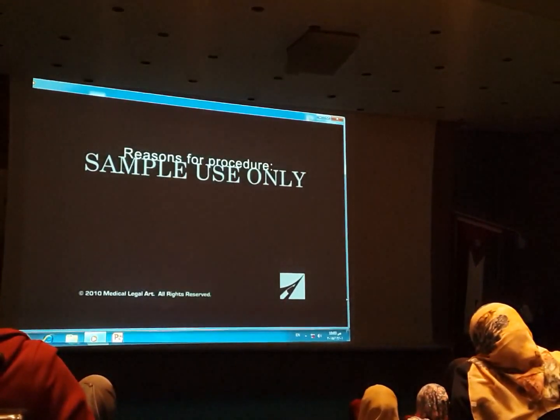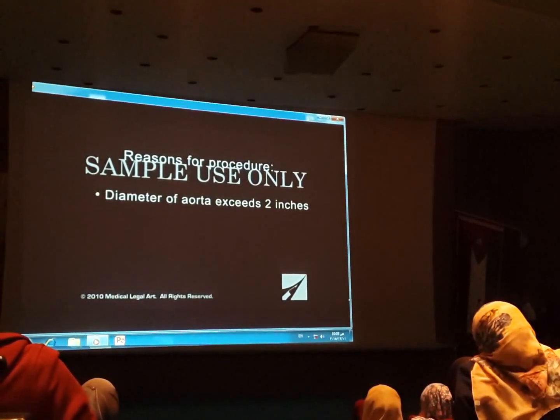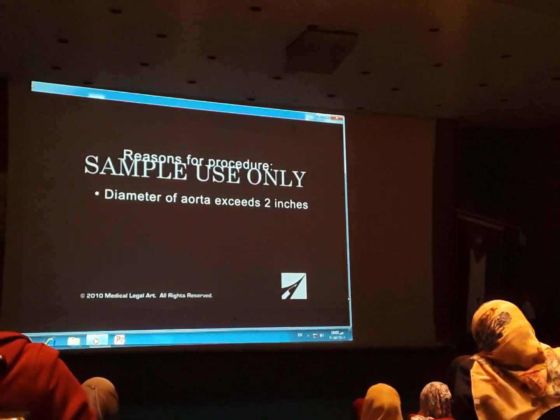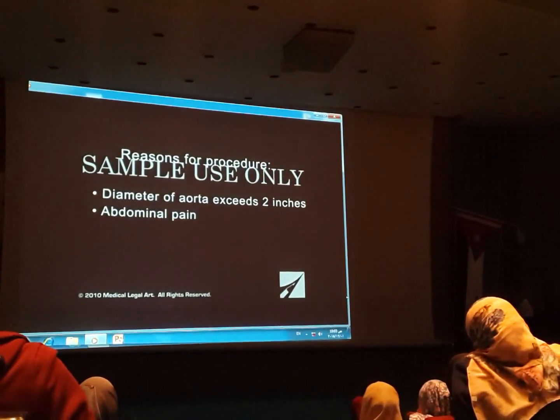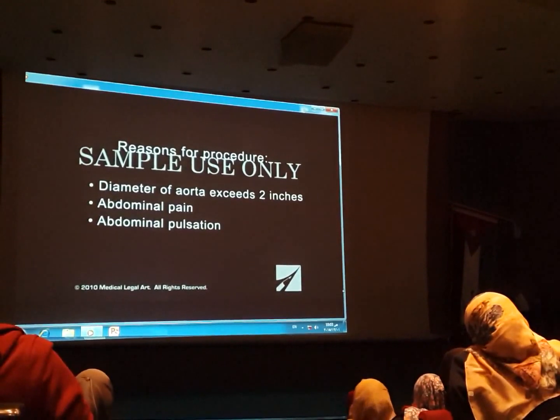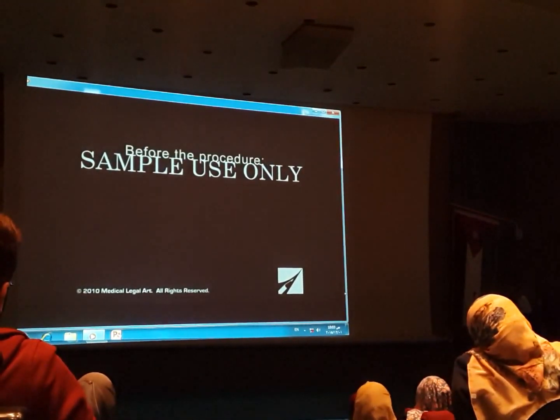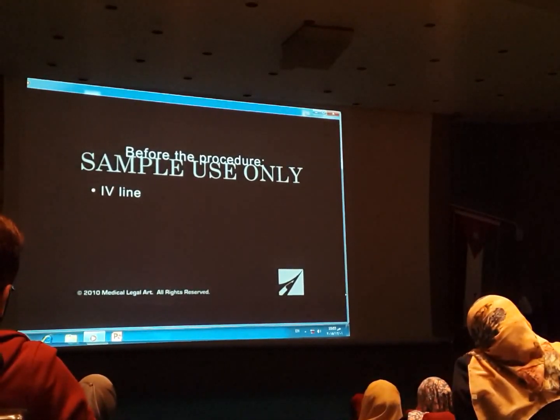When this condition occurs in the abdominal region, it is called an abdominal aortic aneurysm. Your surgeon will perform an open abdominal aortic aneurysm repair when the diameter of your aorta exceeds 2 inches, or if you're having symptoms such as intense abdominal pain or an abnormally prominent abdominal pulsation. Before the open procedure, an IV line will be started to provide you with fluids, antibiotics, and anesthesia.